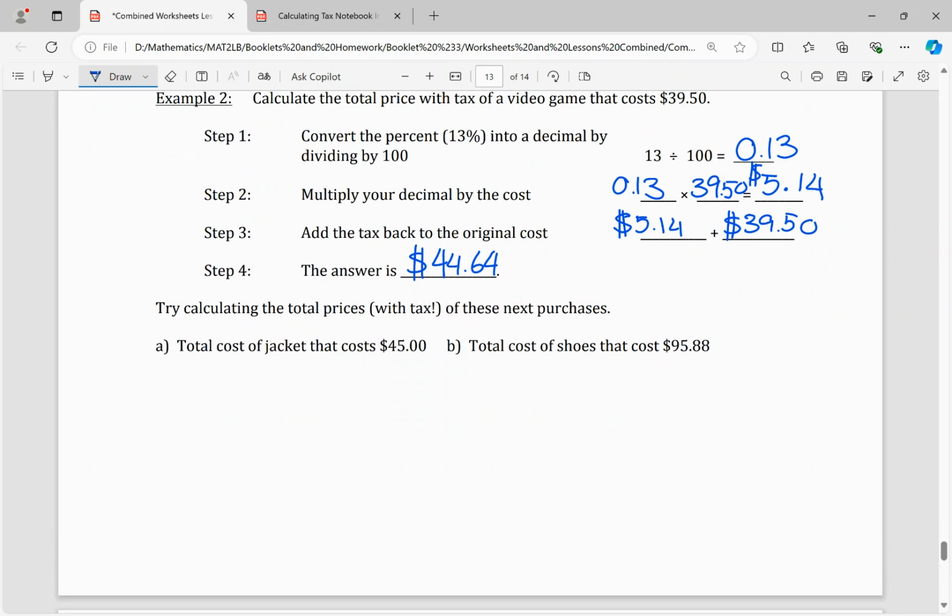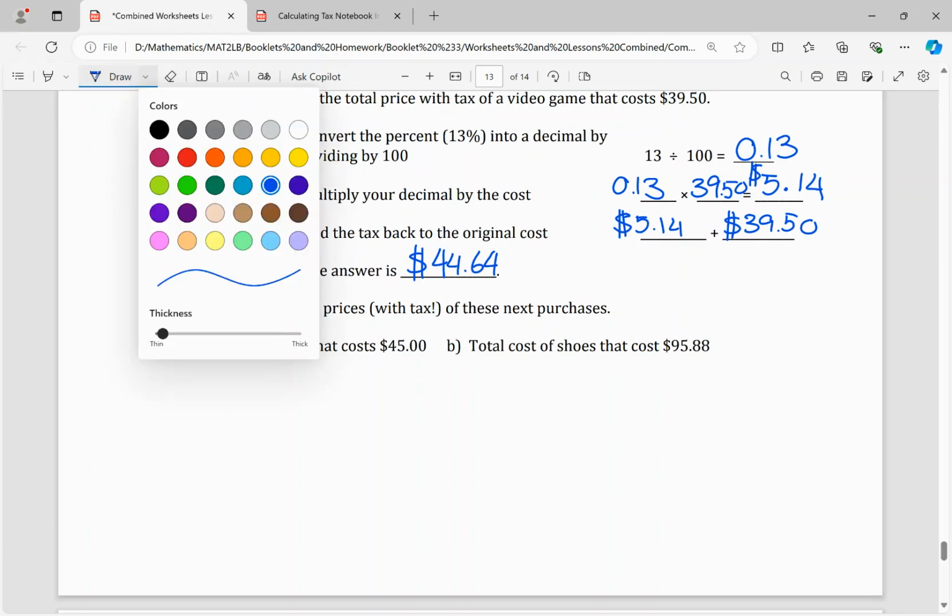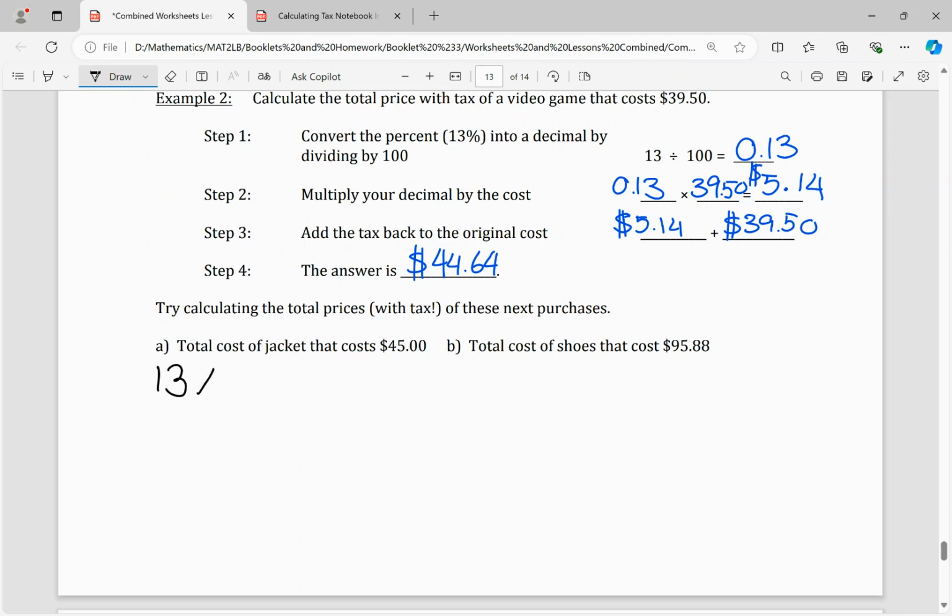Question A, total cost of a jacket that costs $45 after tax. Step 1, we're going to take 13% of $45, and 0.13 times 45 is equal to $5.85.